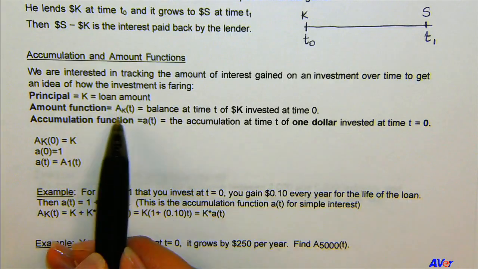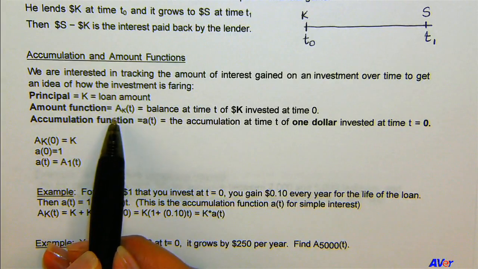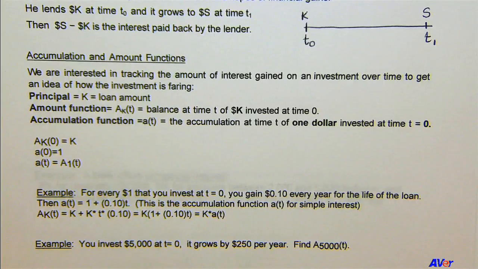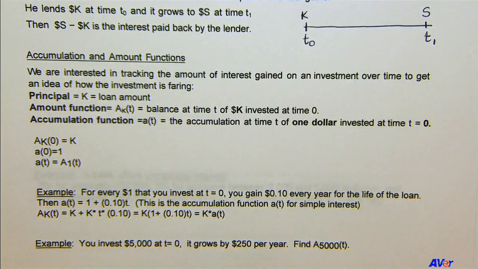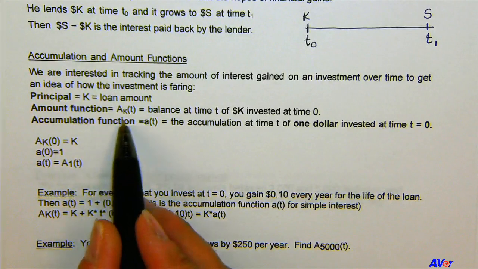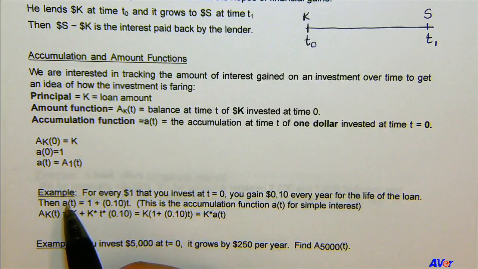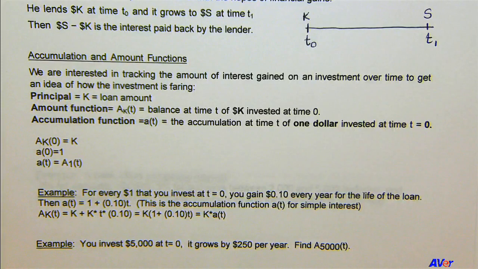So when you see this subscript of K, it's telling you I'm not starting with $1, I'm starting with K dollars at time 0. And capital A of t will give you the amount at time t when you start with K at time 0. That's called the amount function.